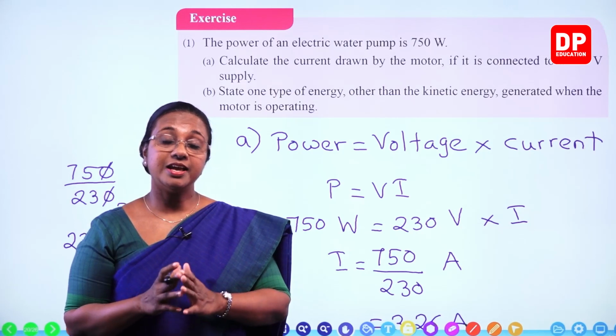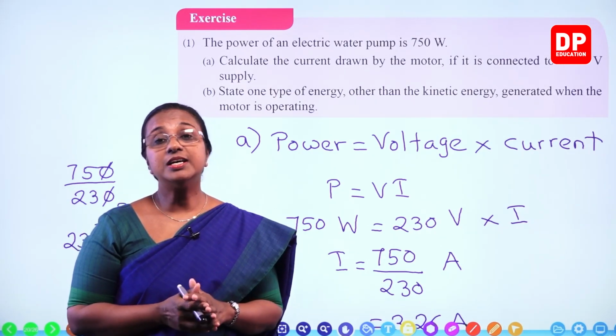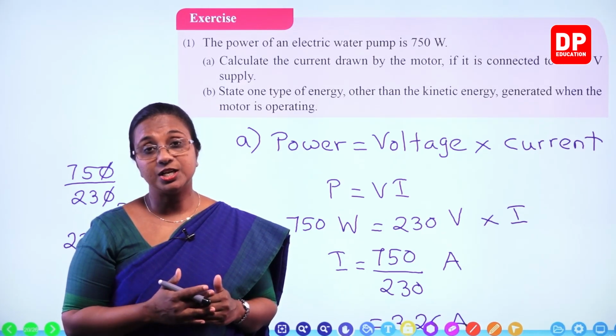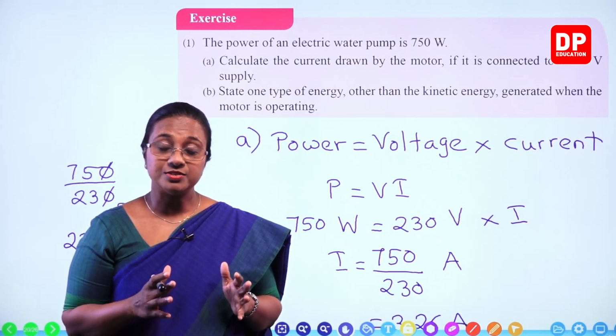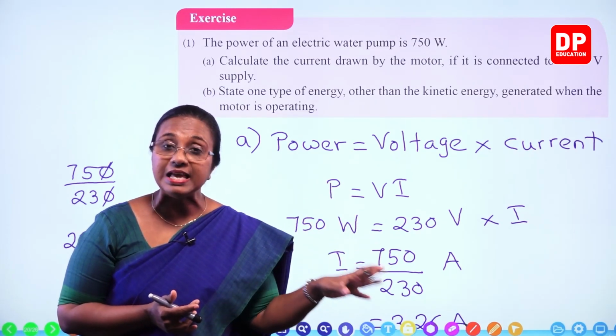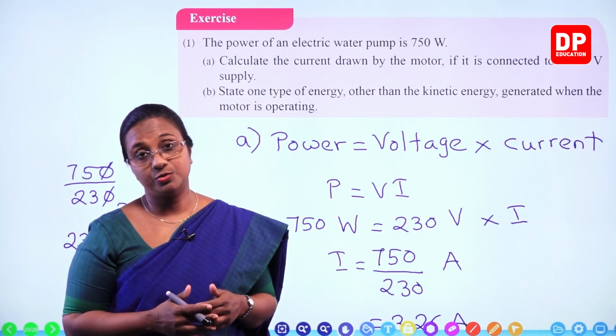Part of the electric energy that is consumed is used for the internal energy, and that is converted to heat energy. So always or mostly in devices, in addition to the main energy conversion, there is heat energy produced.